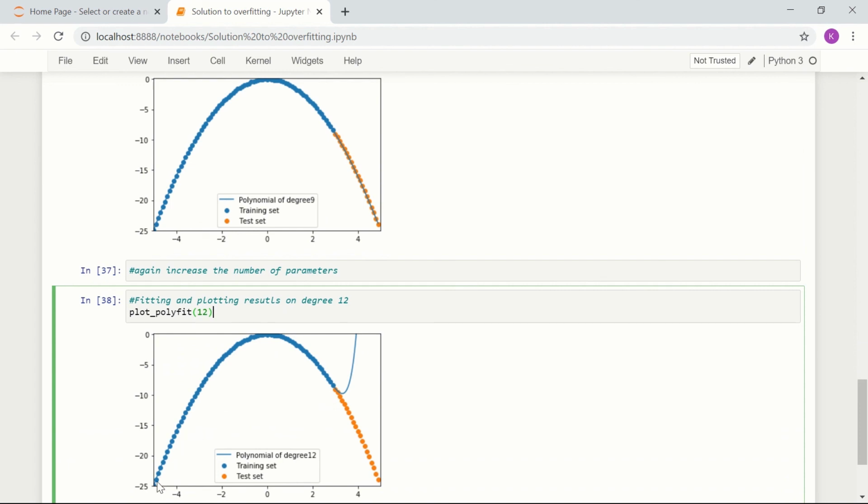So we can see here our training curve is exactly fitting the training data, but as soon as it reaches the testing set, it is deviating from here.